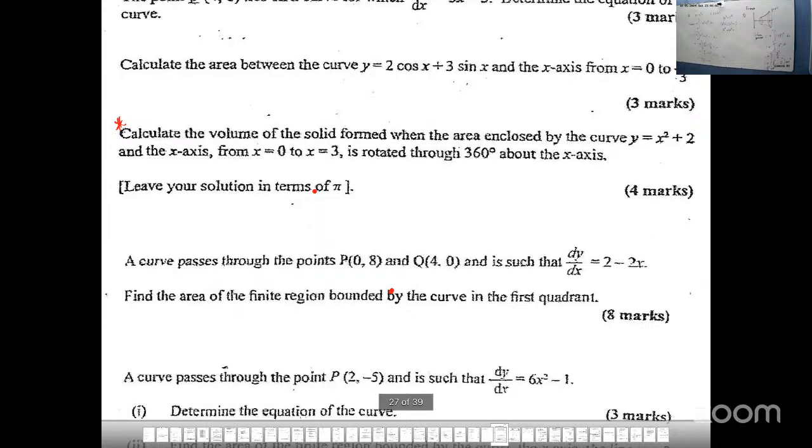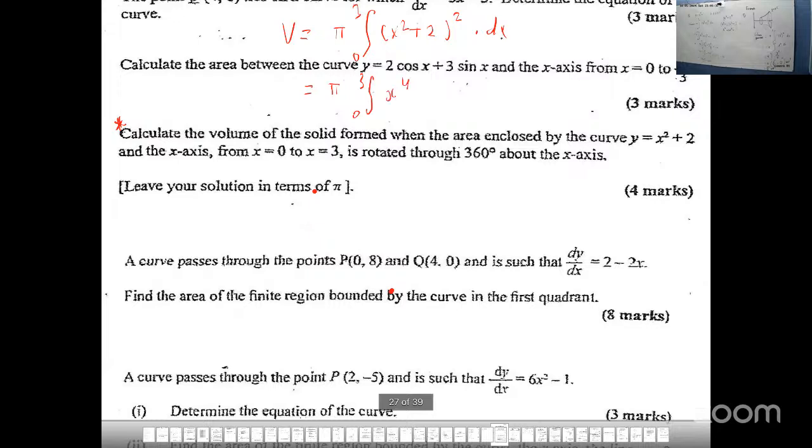So the volume here is pi times the integral between 0 and 3 of (x squared plus 2) all squared dx.